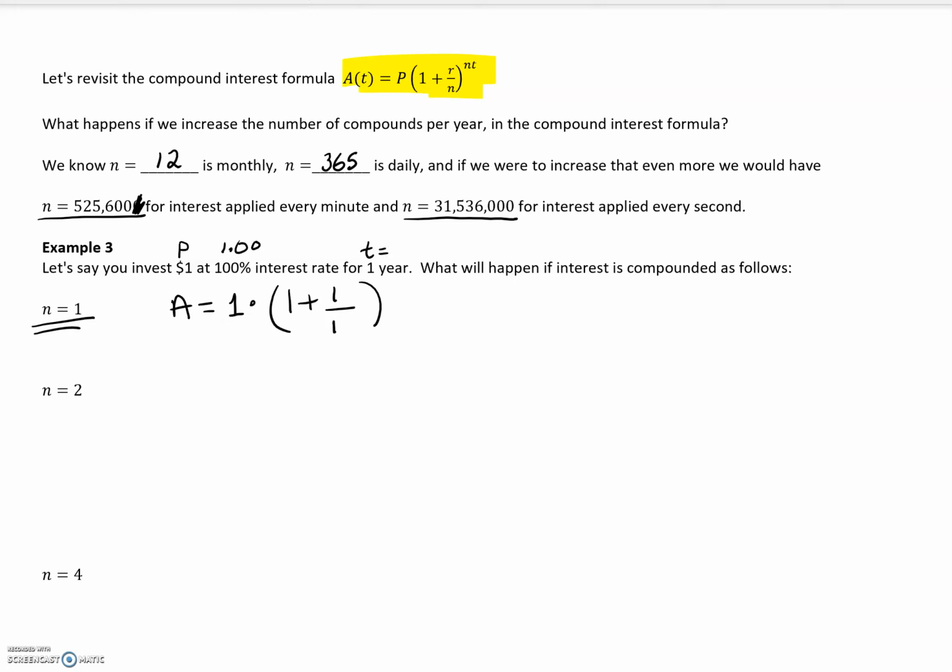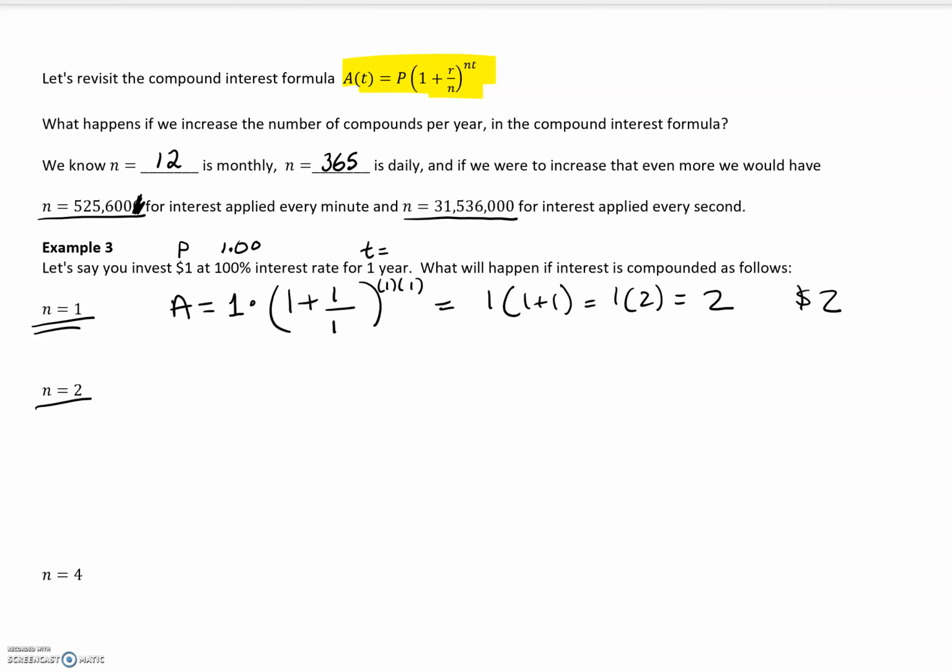So n is 1 and t is 1, and I'm going to have 1 times 1 for my exponent. So basically what I have is 1 times (1 plus 1), which is just 1 times 2, which is $2. Which makes sense, because if you're going to get 100% of what you input at the end of the year when they apply the interest, your $1 is going to get doubled, and it's going to become $2.